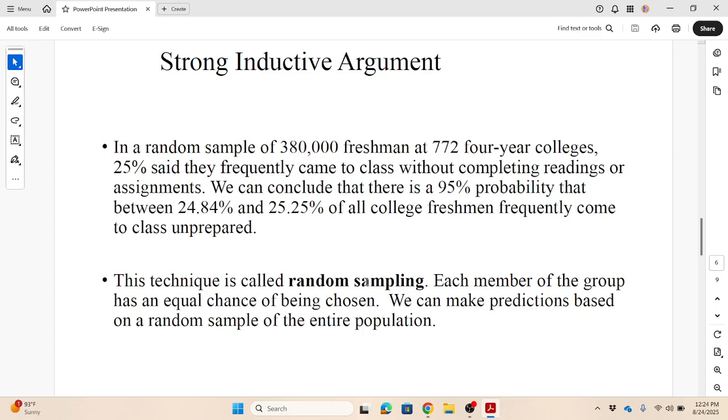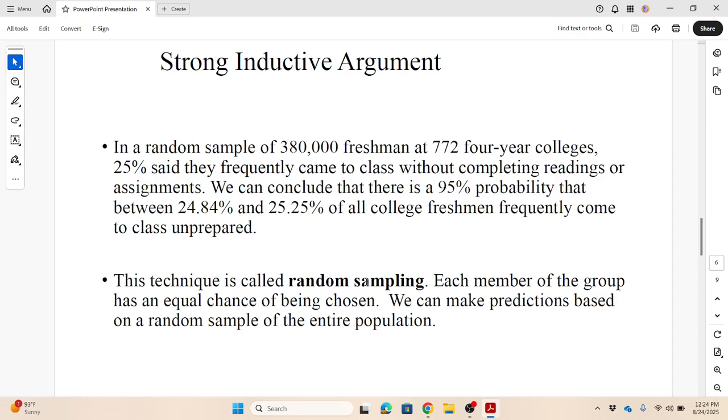I will go over a strong inductive argument and then a weak inductive argument. Let's say in a random sample of 380,000 students from 772 four-year colleges, 25% said they frequently came to class without completing readings or assignments. So this is the data we collected, and we form some kind of hypothesis.